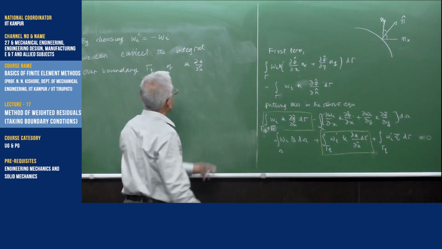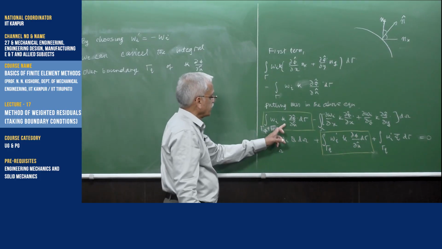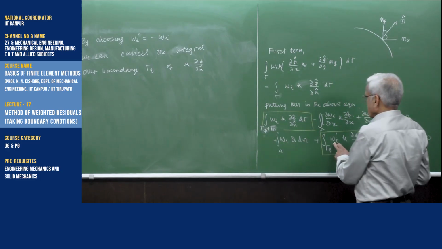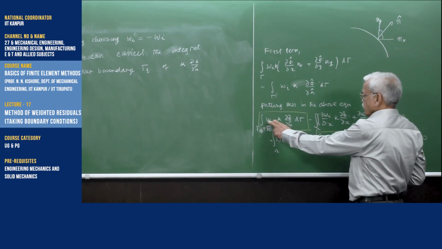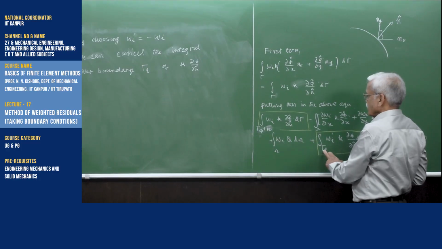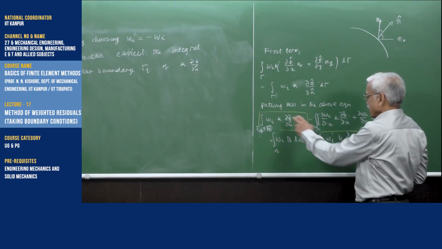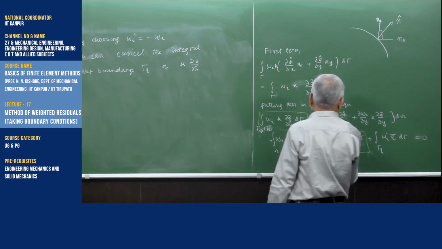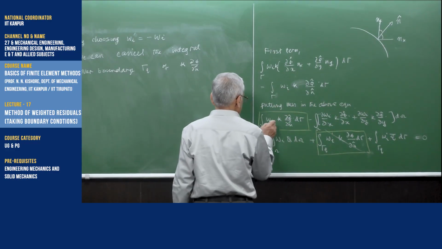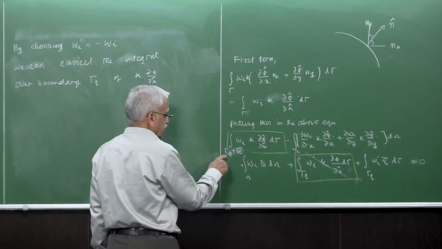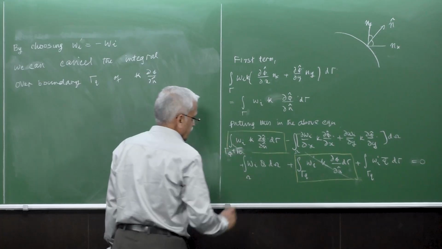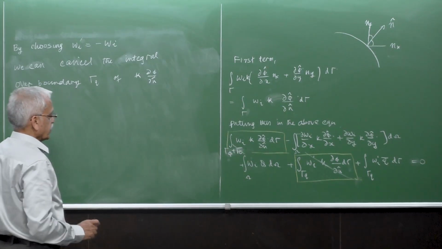So we have k dou phi by dou n here and again appearing here k dou phi by dou n. So by choosing this wi prime as minus wi, this integral over gamma q can be cancelled. Okay. So that means this does not get cancelled completely, because this is both gamma phi and gamma q. So only this gamma q disappears.